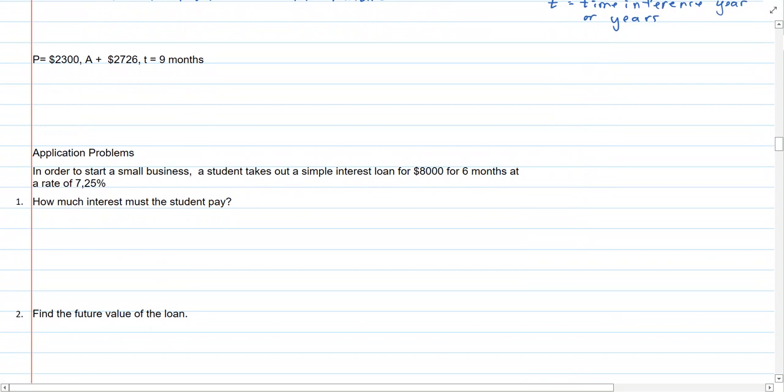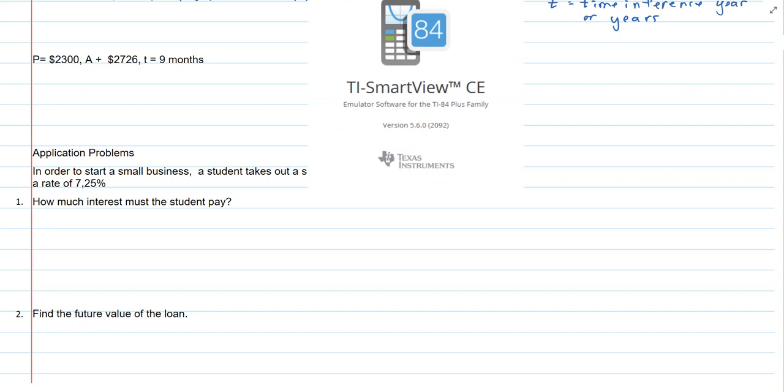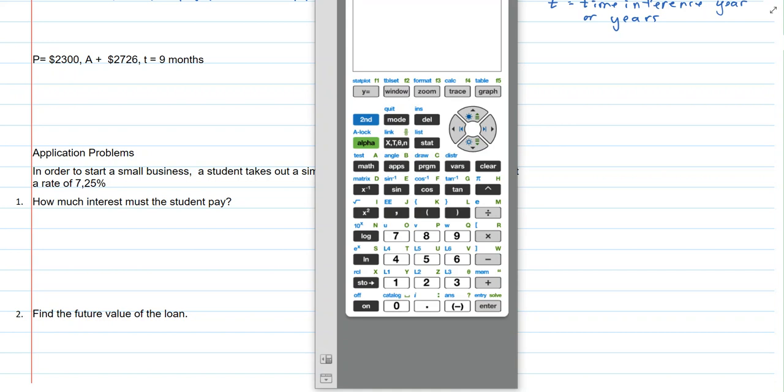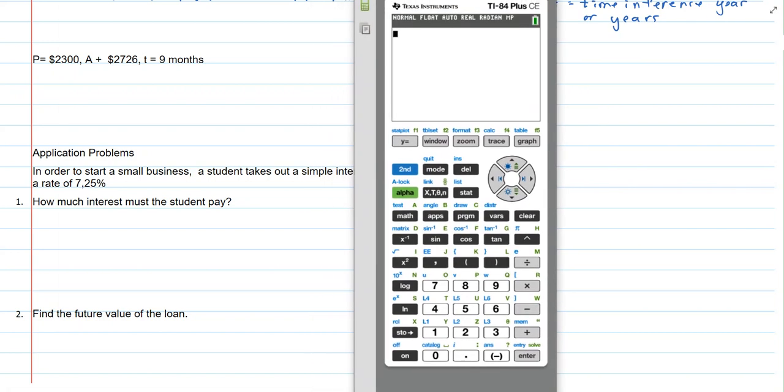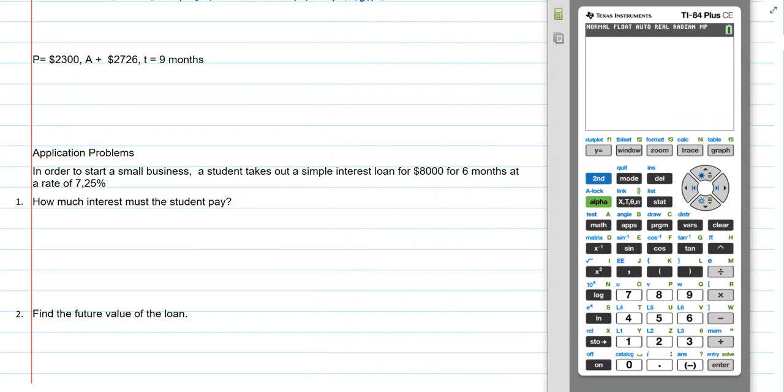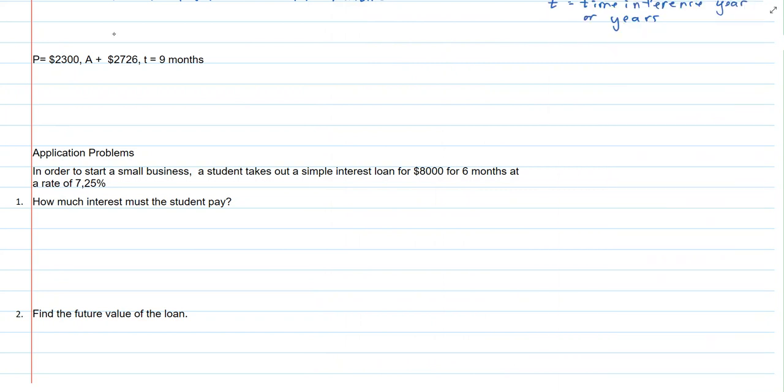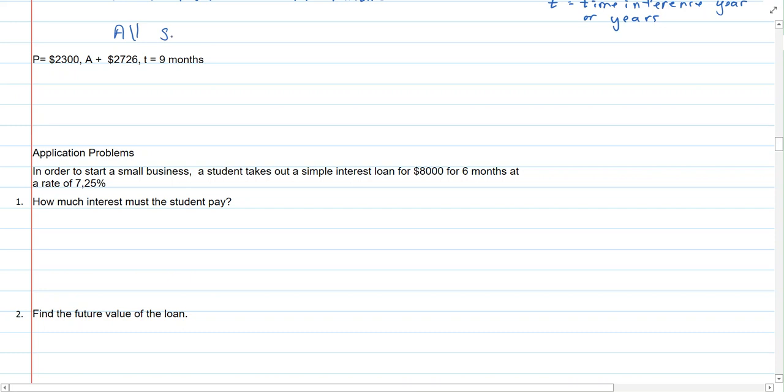So here we have a problem. And remember, we do them on the home screen. Let me turn on my calculator, make sure it fits on the screen. All simple interest problems are executed on the home screen.